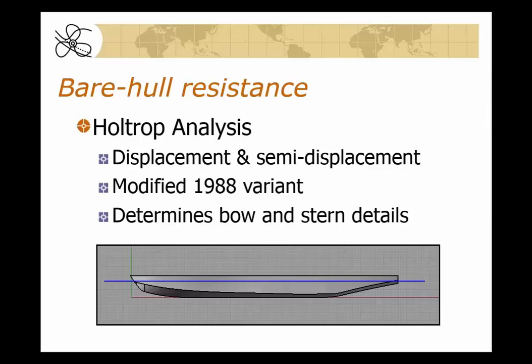Now, there are many, many different publications and implementations of Waltrip and Menon that are in various publications. Principles of Naval Architecture has one. We employ a 1988 variant that was published by Marin in an obscure little Eastern European conference.